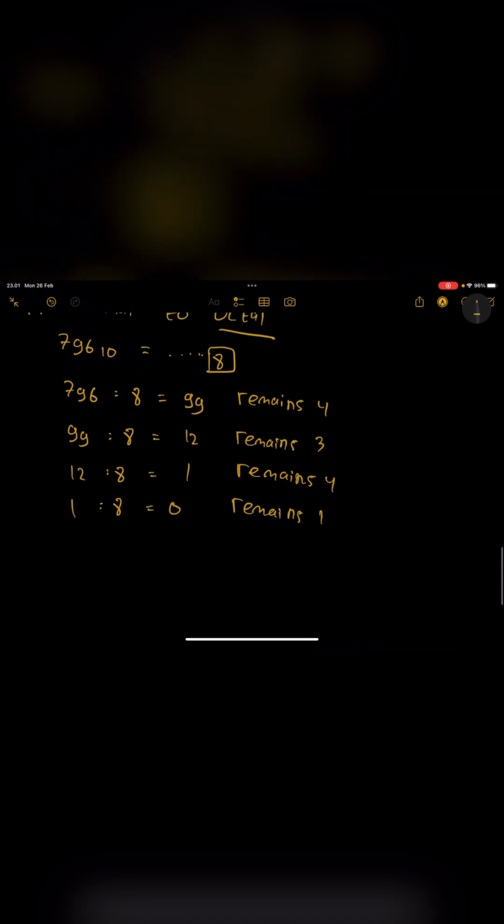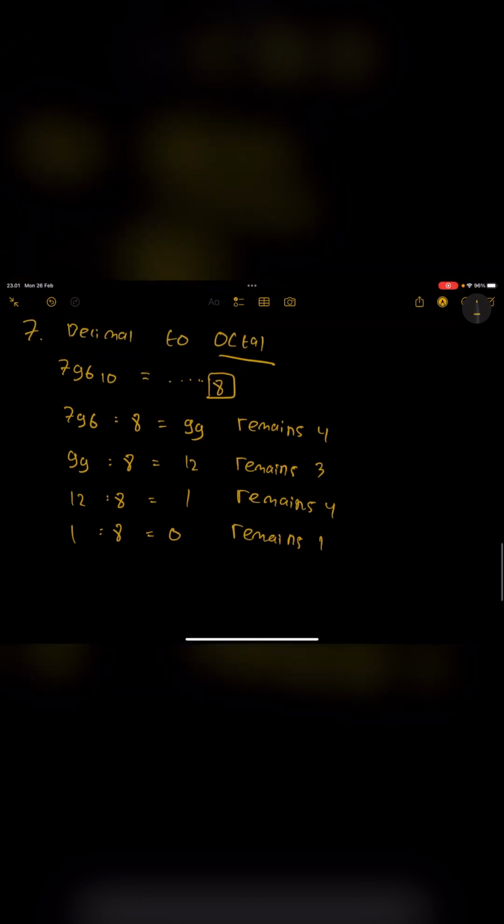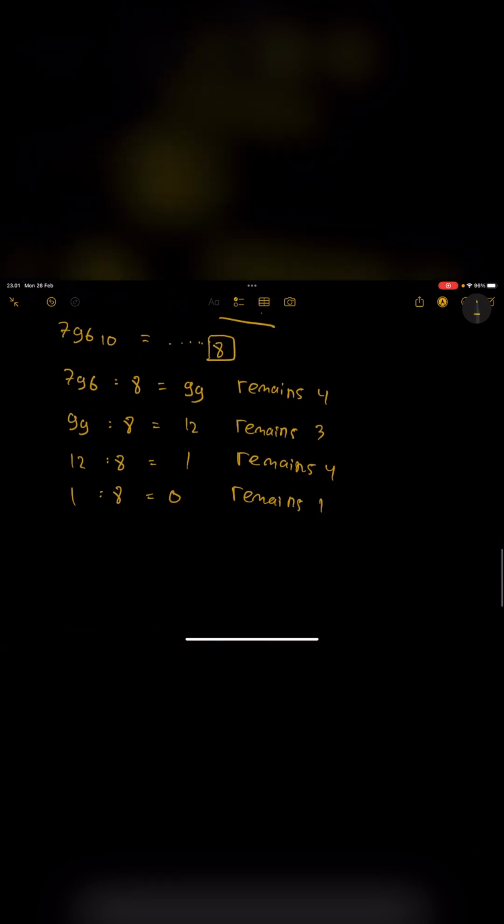So basically we need to divide the value of the decimal with the basis of the octal, and then we keep the mode or the remains.